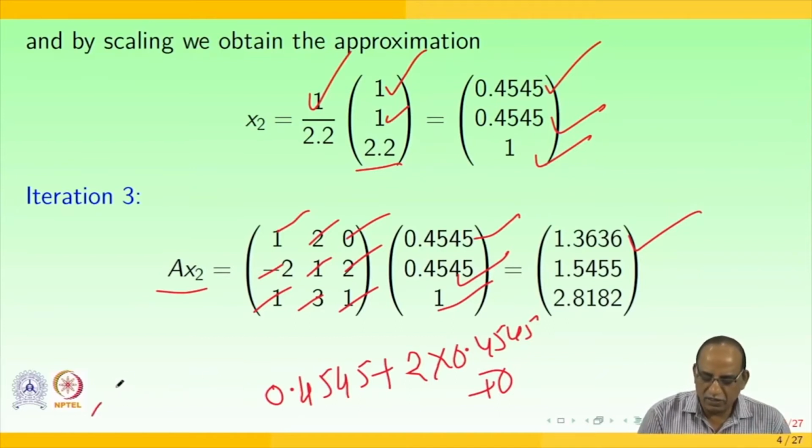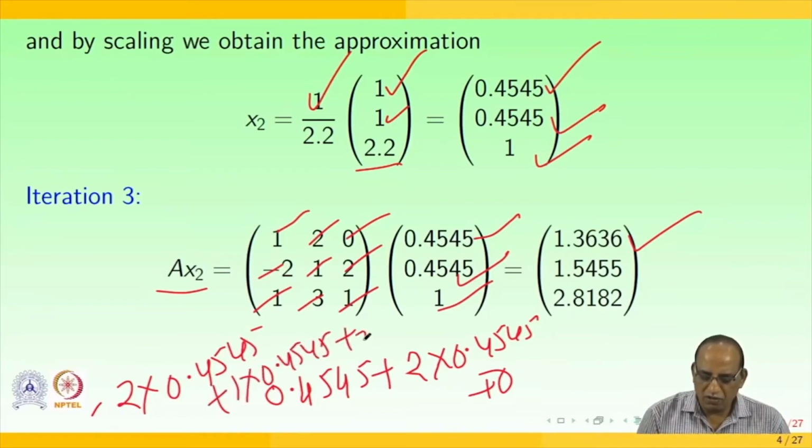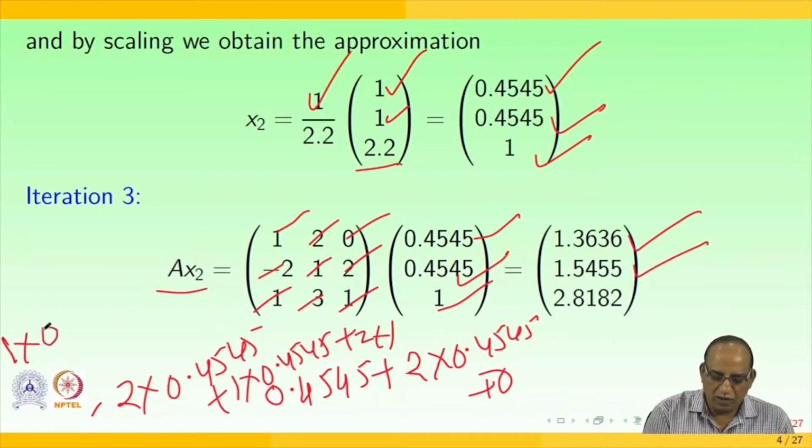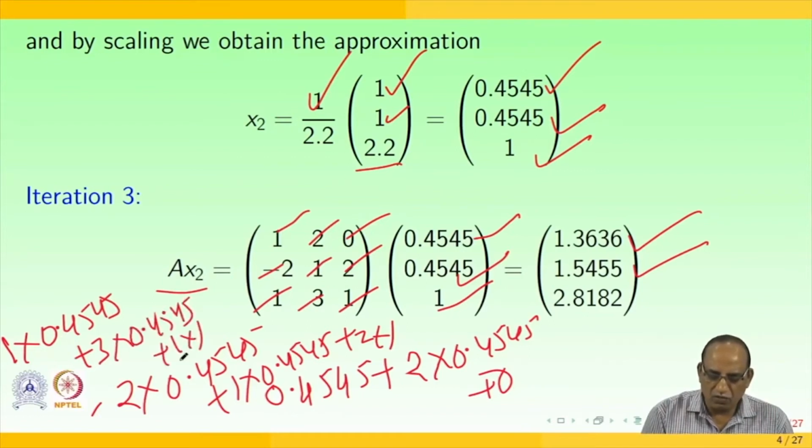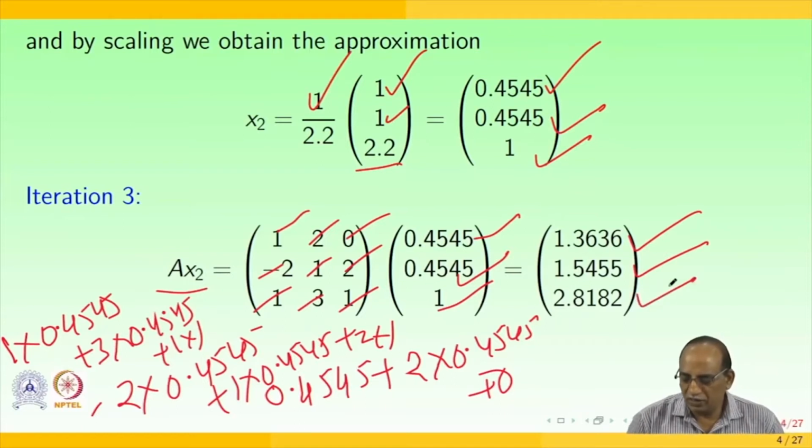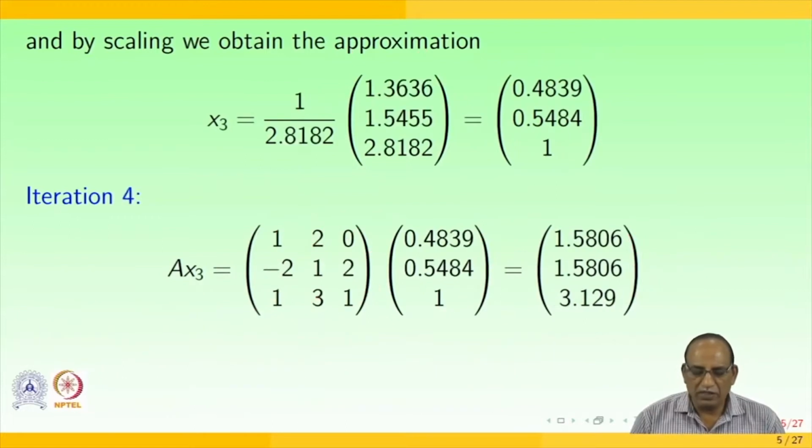The second one is minus 2 into 0.4545 plus 1 into 0.4545 plus 2 into 1, which turns out to be 1.5454, and the third one is 1 into 0.4545 plus 3 into 0.4545 plus 1 into 1, which turns out to be 2.8182.